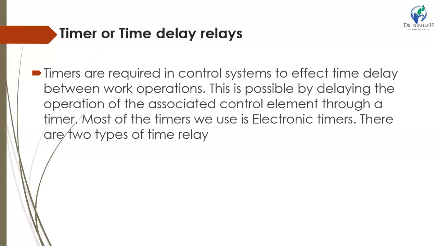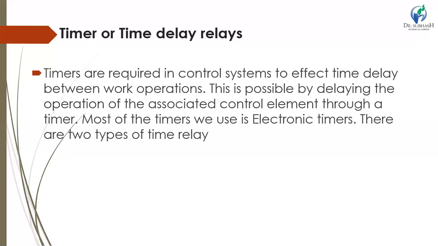This was relay, and there are also time relays, or we can say timers. Timers are required to control the effect of a delayed operation. This is done by delaying the operation of the associated control element through a timer.